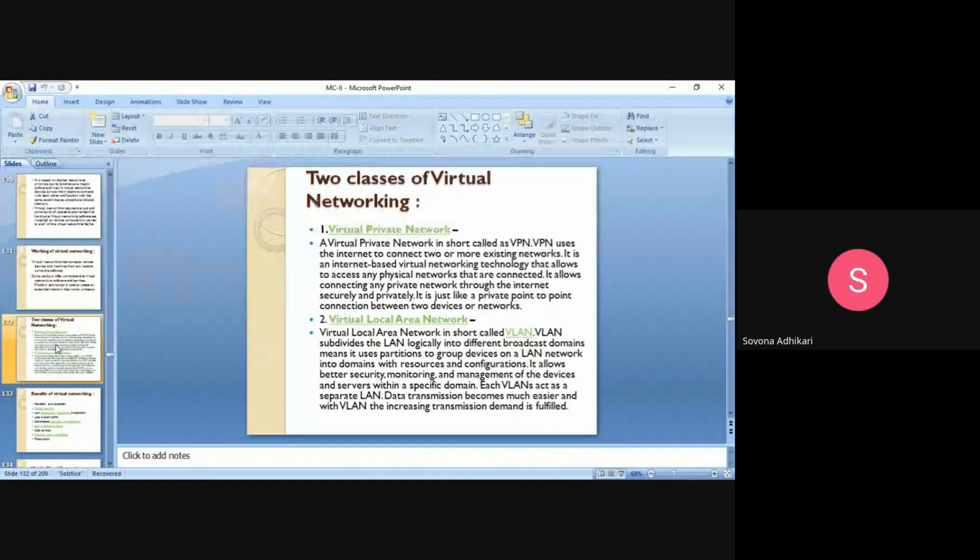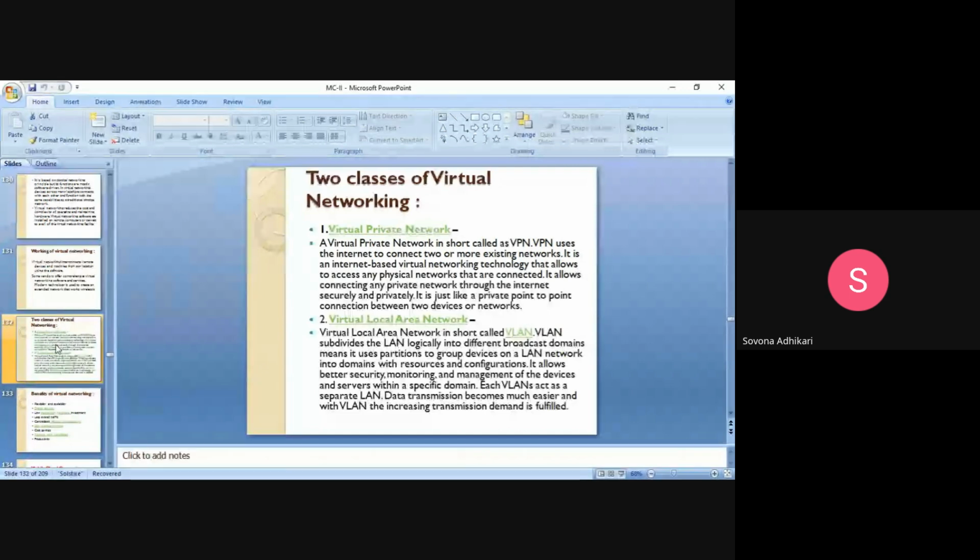A LAN is divided into smaller groups based upon some domains with the resources or configurations. It allows better security, monitoring, and management of the devices and servers within a specific domain.